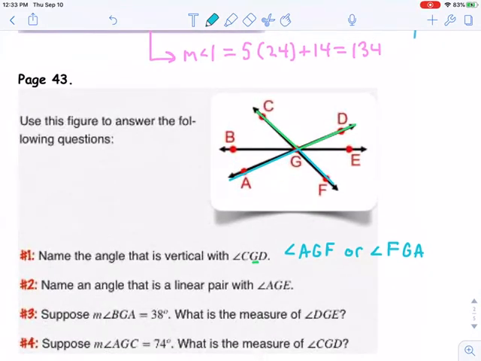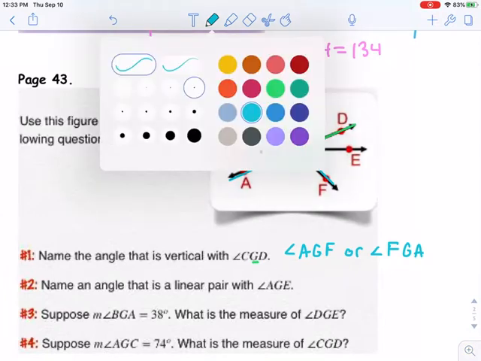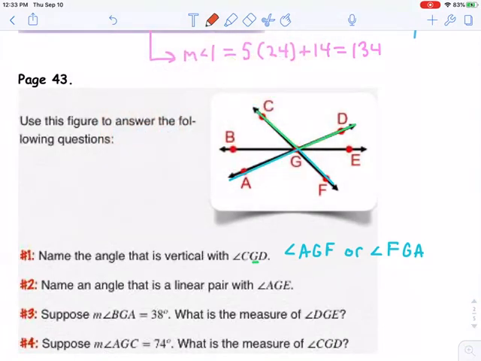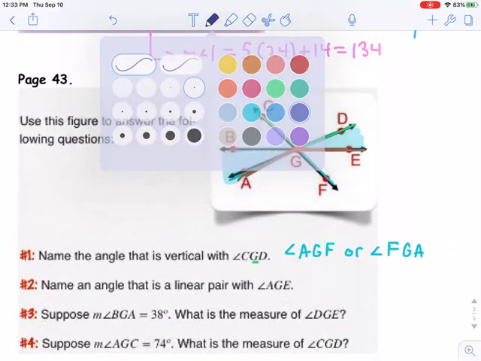Name an angle that is a linear pair with AGE. So in this case right here, AGE, there are two answers. This angle forms a linear pair, and that angle forms a linear pair because they form a straight line.